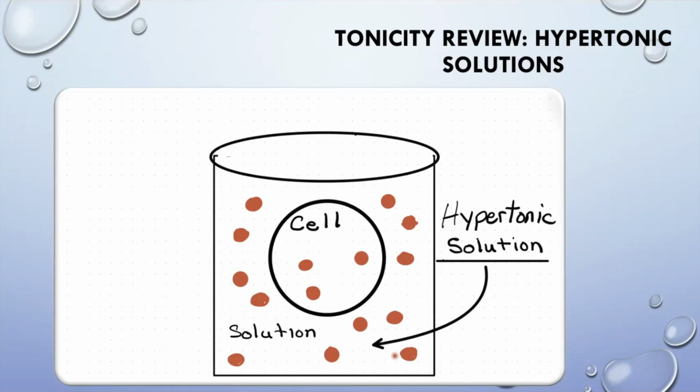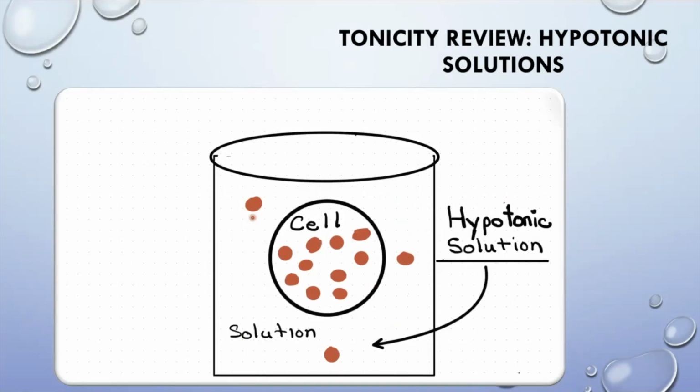Because of the hypertonicity, these solutes have a great pulling power on the water inside the cell. So if you recall, the water inside the cell will leave and come out here to try to establish water equilibrium, okay? So these solutes will essentially pull on water and make that cell shrink.